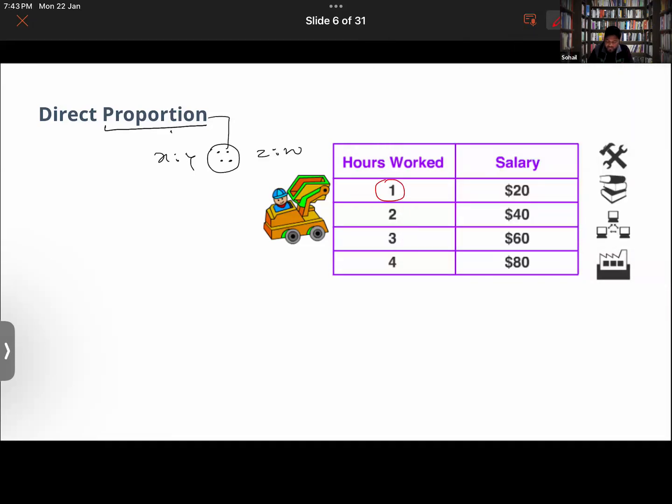Okay, let's take this one. Give me a moment. We can use the formula x1 upon y1 equals x2 upon y2. Exactly, very good. Let's assume the hours of work to be x, and let's assume the other quantity to be y.